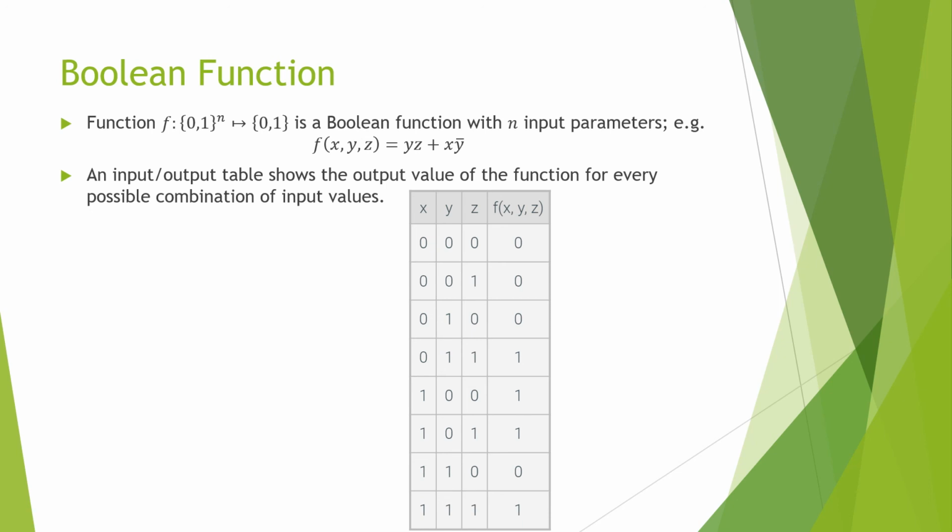So you can evaluate this function with this general formula 8 different times for each of these possible combinations of x, y, and z. And then you can fill out this table.